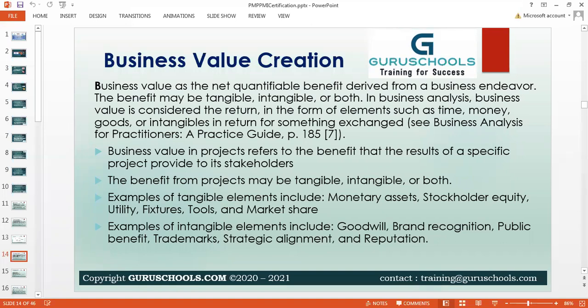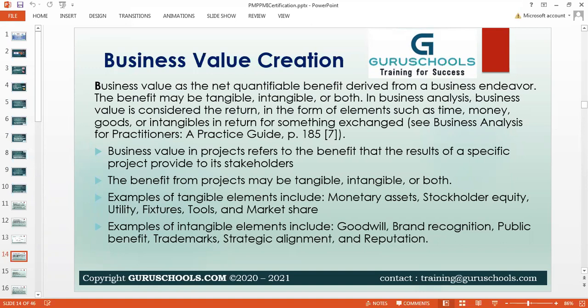So this is attendance done efficiently and automatically, without any errors or leakages. So business value in a project refers to the benefit that results from a specific project provided to its stakeholders or the users, right? The benefit from a project may be tangible, intangible, or both. We talked about that.